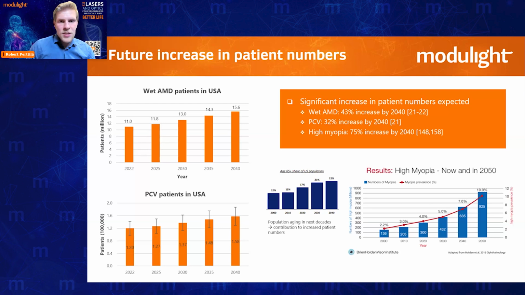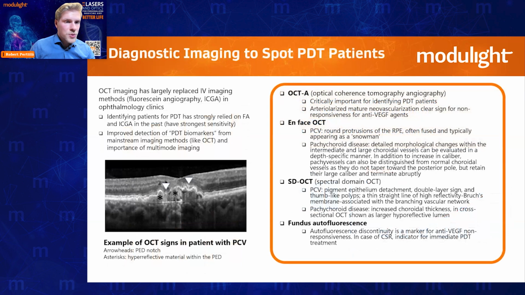Then, as I mentioned earlier, I will also say a few words now about how to spot the right patients, basically find out who are the patients you should give the PDT. Unfortunately, ICGA and fluorescein angiography have largely lost their place in ophthalmic clinics, and OCT imaging has become the standard imaging method as it's non-invasive and very easy and fast to conduct.